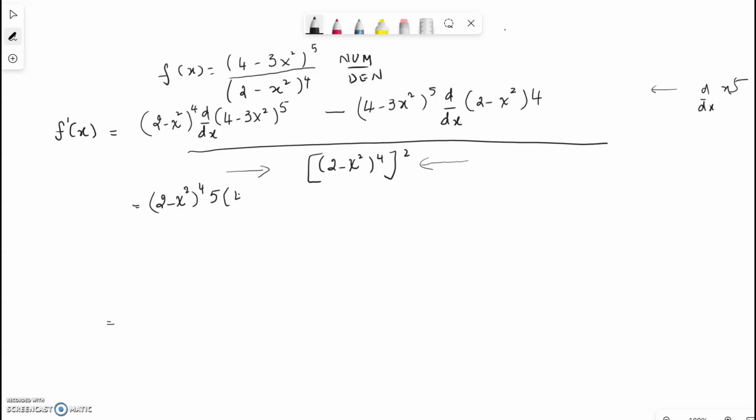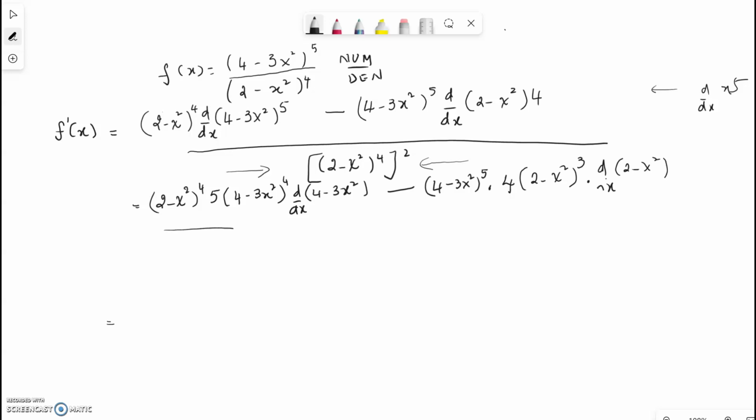So it's 4 minus 3x squared to the 4th times d by dx of the inner function, which is 4 minus 3x squared, minus 4 minus 3x squared to the 5th power times d by dx of 2 minus x squared to the 4th power, which is 4 times 2 minus x squared to the 3rd, times d by dx of 2 minus x squared, the inner function, the whole divided by 2 minus x squared to the 8th.